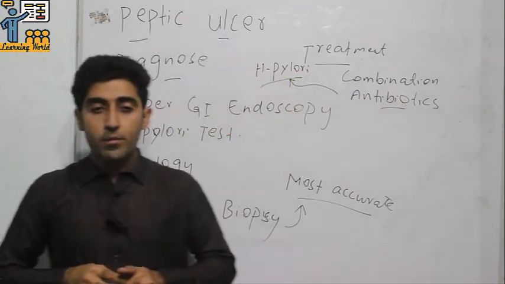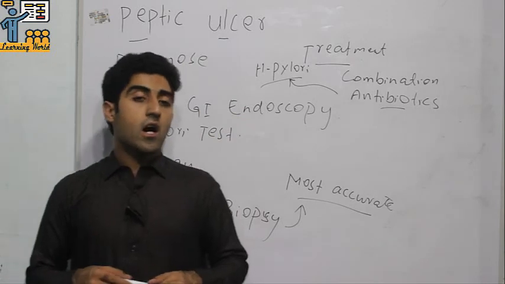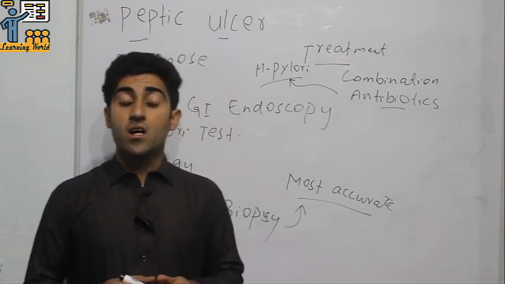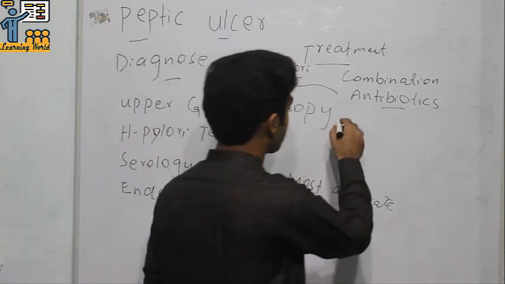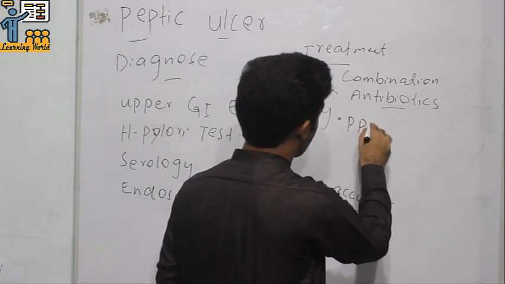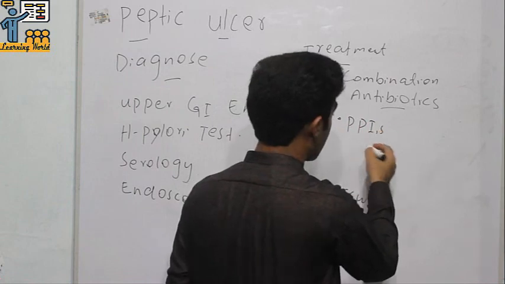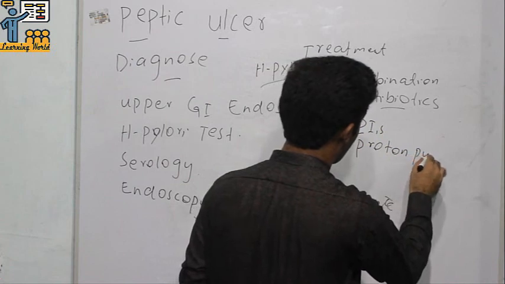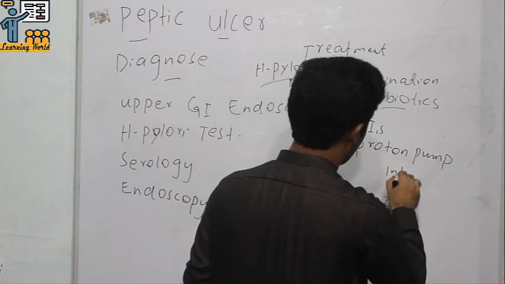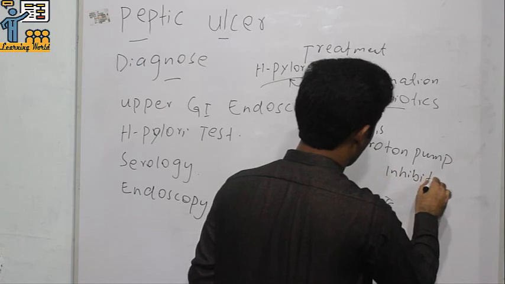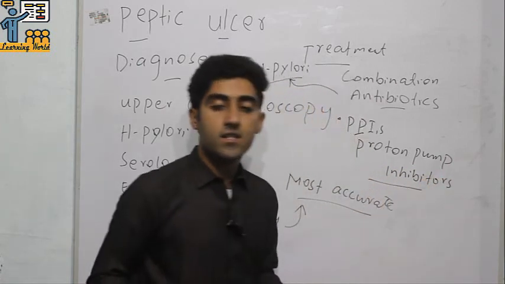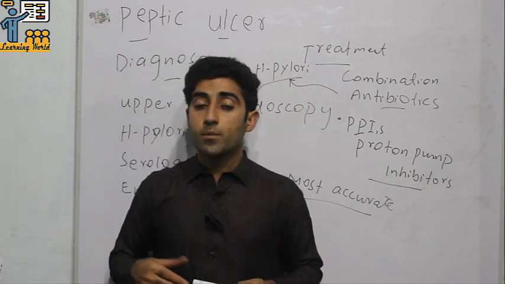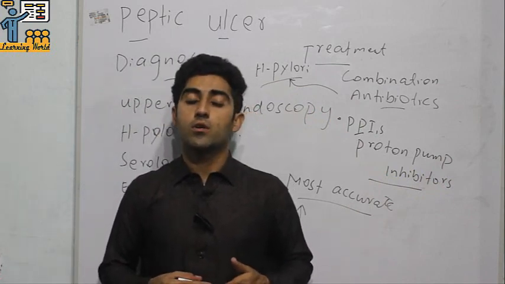Another drug used in the treatment of H. pylori are hydrochloric acid lowering drugs such as proton pump inhibitors. PPIs means proton pump inhibitors, such as omeprazole, esomeprazole, etc., which are used in the treatment of peptic ulcer. So that's all about peptic ulcer.